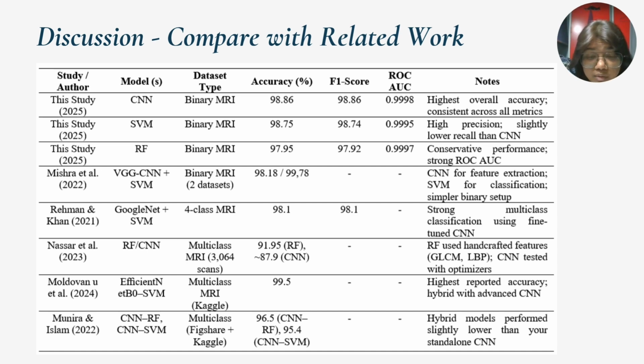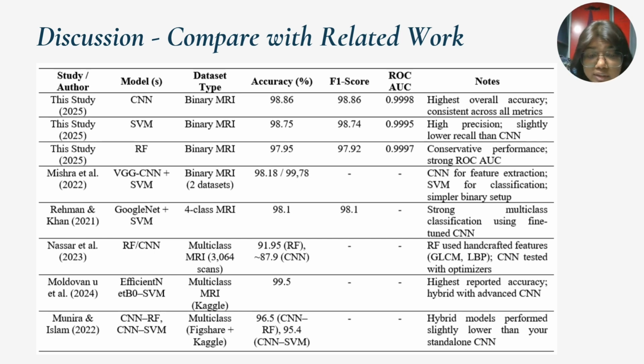Following by Moldovan, who reported the highest accuracy of 99.5% using EfficientNet with SVM, which is a hybrid deep learning approach. Lastly, by Munira, they used a CNN hybrid and achieved 96.5% accuracy, slightly lower than our CNN model.